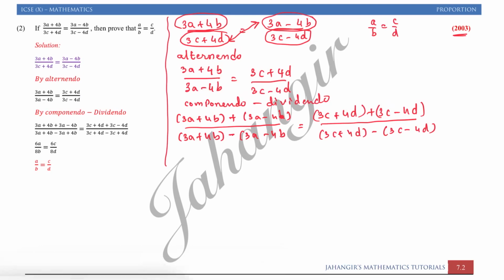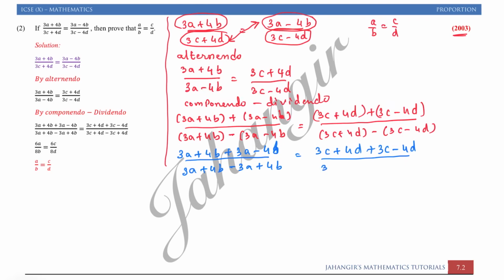Now removing the brackets, we will get 3a plus 4b plus 3a minus 4b whole upon 3a plus 4b minus 3a, minus minus plus 4b, is equal to 3c plus 4d plus 3c minus 4d whole upon 3c plus 4d minus 3c, and minus minus plus 4d.